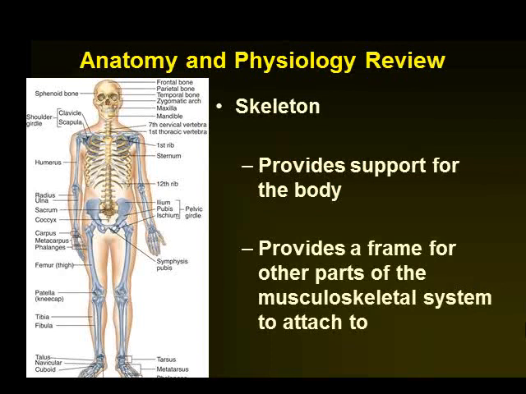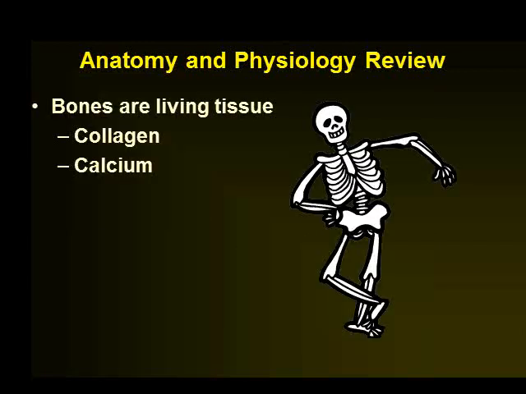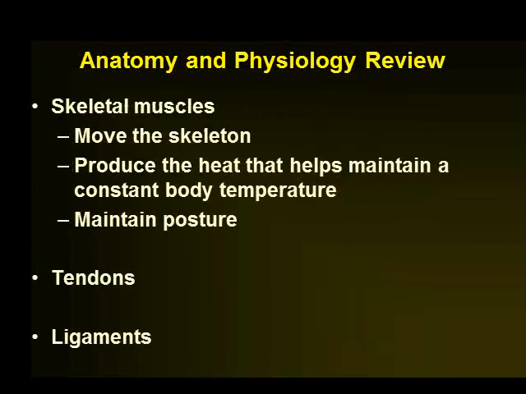So briefly, remember that we have the musculoskeletal system composed of the skeleton. They're technically two separate systems, but the skeleton itself is the rigid bony structure and provides the frame for our muscles to hang on. The bones are a living tissue composed of mostly collagen and calcium.